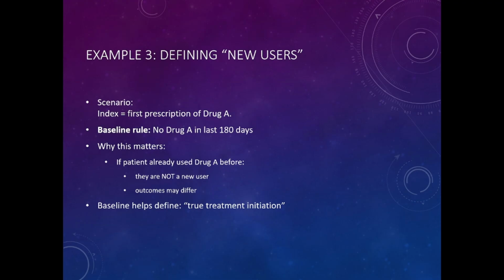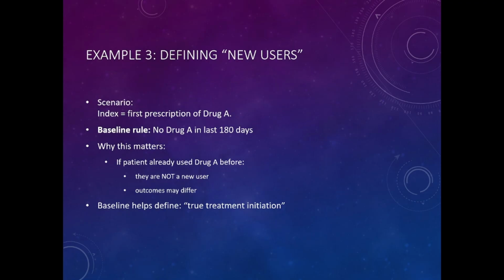Let's take another scenario where the index date is a prescription of a drug A. Again, we are looking back in time and ensuring that drug A was not used before. Otherwise, we cannot differentiate between a new user and an existing user. In epidemiology, we have something called incidence and prevalence.